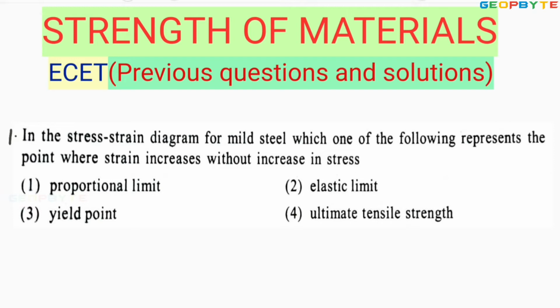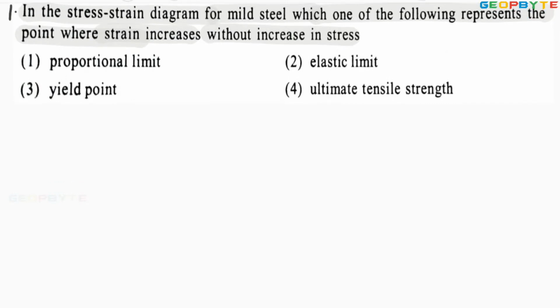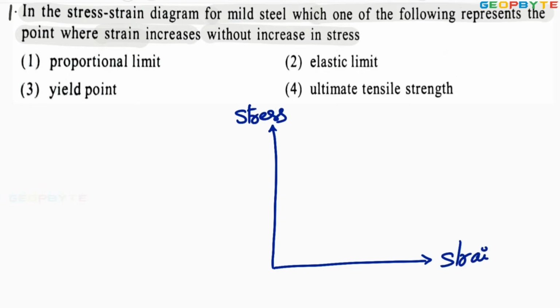Look at the very first problem. In the stress strain diagram for mild steel, which one of the following represents the point where the strain increases without increase in stress? Dear friends, look at the stress strain diagram. If you apply the external force on the mild steel bar, it comes like this.